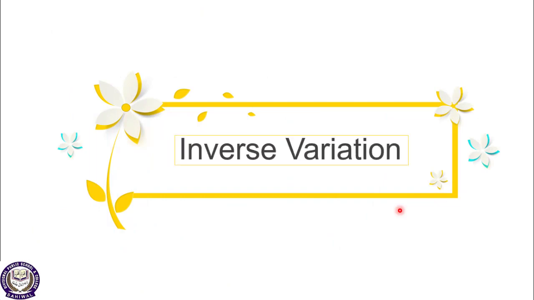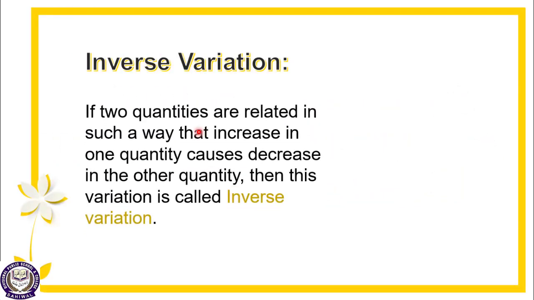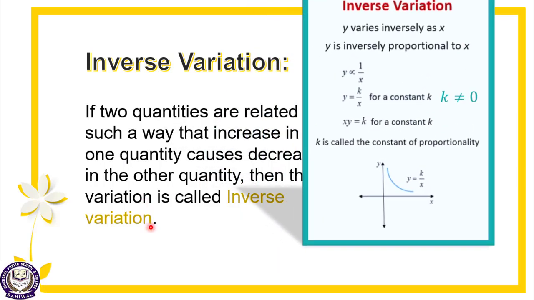Now we have inverse variation. In inverse variation, if two quantities are related in such a way that an increase in one quantity decreases the other quantity, then this variation is called inverse variation.